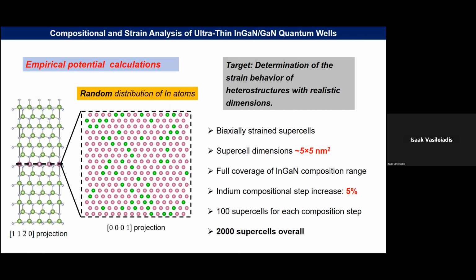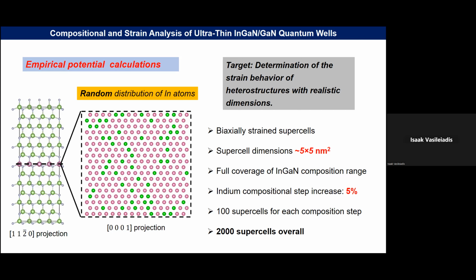So in this case, we developed models with one monolayer thick quantum wells, and the thickness and the composition in this monolayer cover the whole compositional range from 0 to 1, to fully covered with indium nitride.